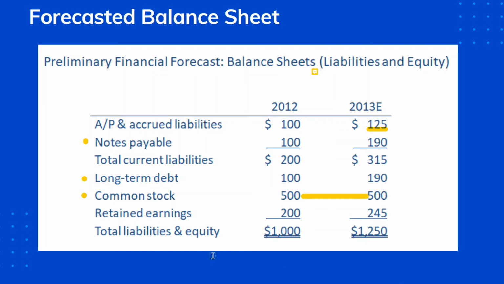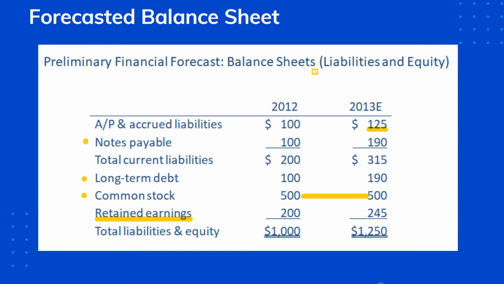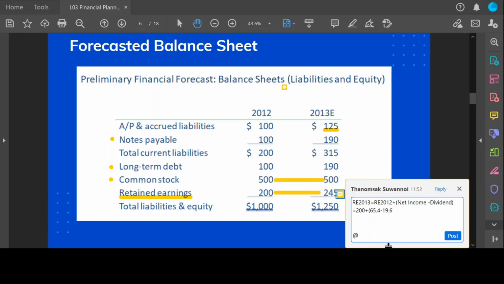For the retained earnings account, we need to go back to the forecasted income statement. In the forecasted income statement, we assume that after paying dividends, the company is going to retain $45 into the retained earnings. So the retained earnings will increase by $45, from $200 in 2012 to $245 in 2013.